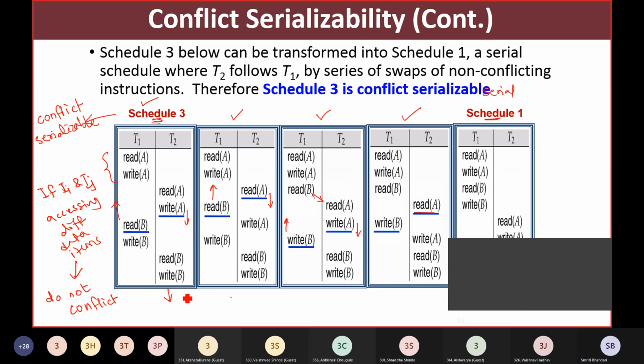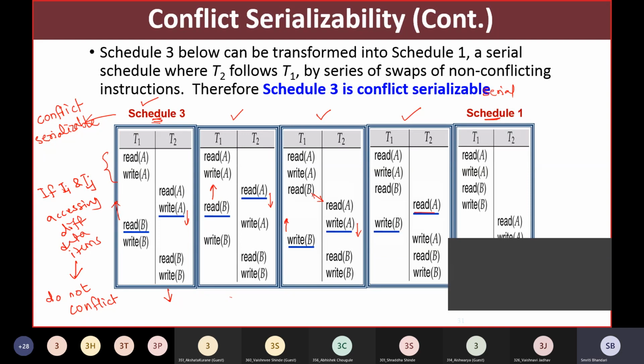So obviously, if we come up with this kind of a serial schedule, then output of this schedule and output of this schedule are same. Right? So schedule 3, if we execute it as it is, it will produce the output which is similar to that of the serial schedule, that is schedule 1.